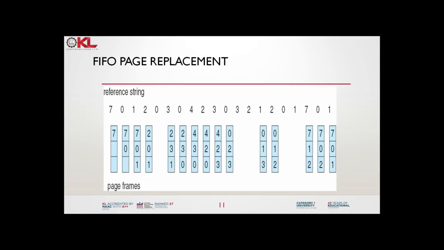If you work this out, you will get 0.25. So this is the ratio of the page hit.